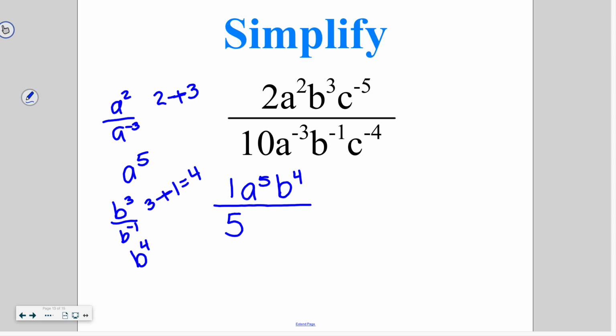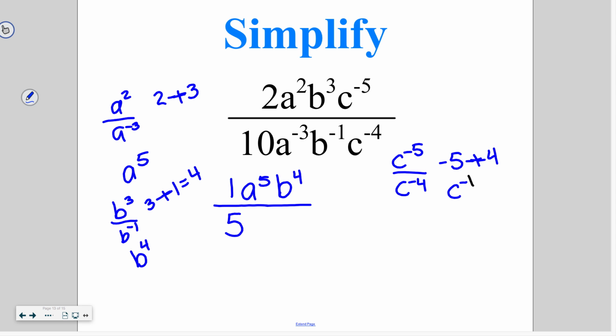The last piece that we're looking at is c to the negative 5th divided by c to the negative 4th. So I've got negative 5 minus negative 4, which turns into addition, and that gives me c to the negative 1st power. If I put that up top right now, we would have a negative exponent, but that is not what we want.